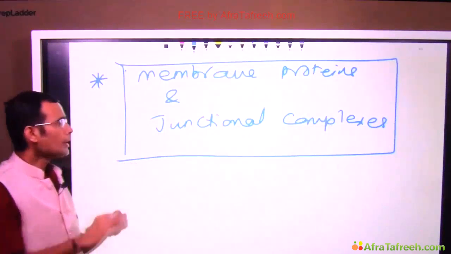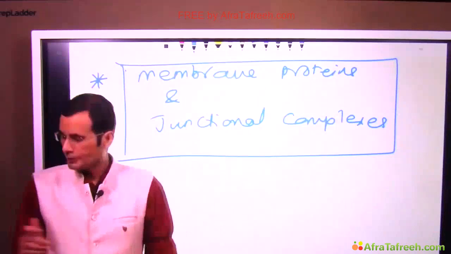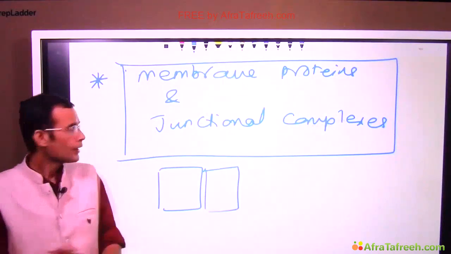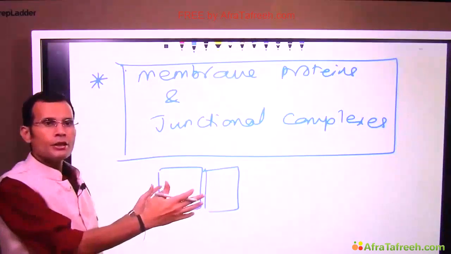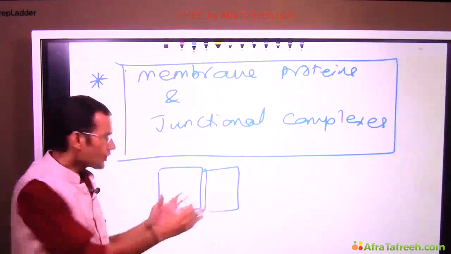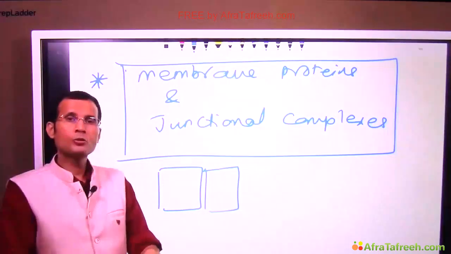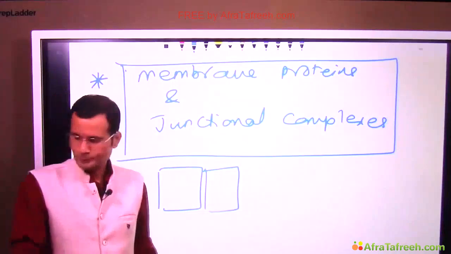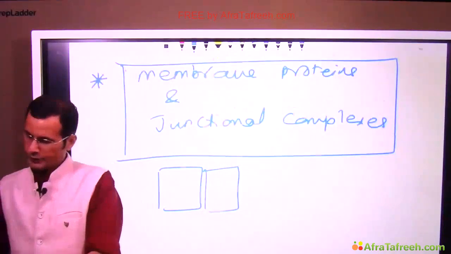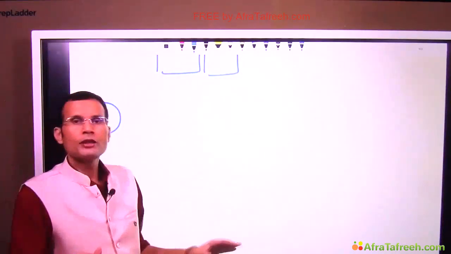Membrane proteins also form junctional complexes, means the adjacent cells can be linked to each other by these junctions between the two membranes. This is particularly so for epithelial cells, but other cells also will show these junctional complexes. So let's see those junctional complexes.